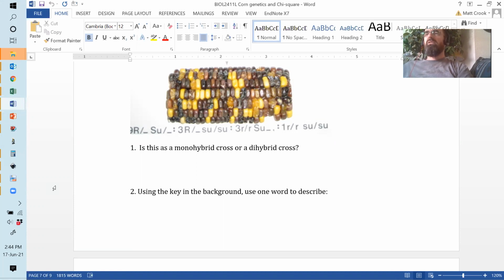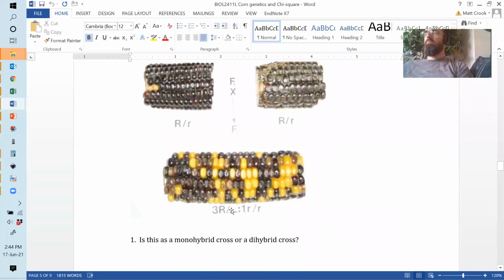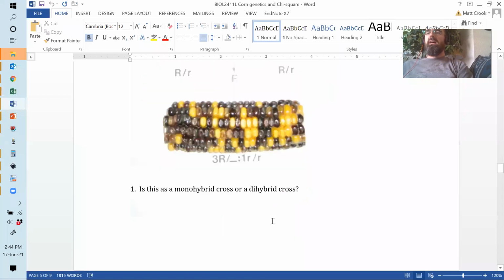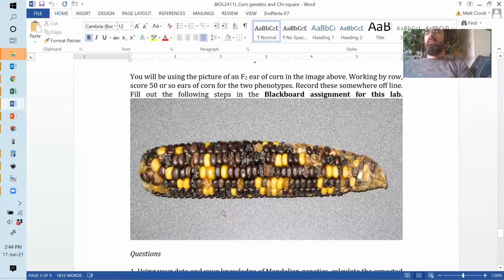Valeria, I'd suggest doing 30 to 40 for this one, the monohybrid. Oh no, not that one. Sorry. This one, the monohybrid cross, and 50 to 60 of this one. And the reason is that for the dihybrid cross, you have four different combinations. And so you want to make sure you collect enough data that you're going to get a fairly reasonable number for the smallest combination, which will be the double recessive.